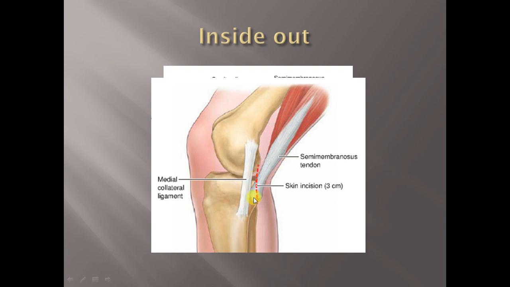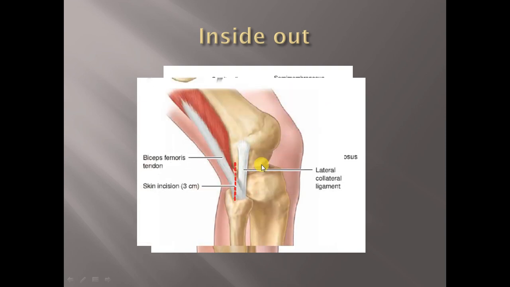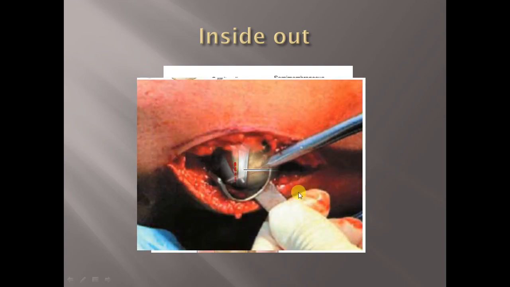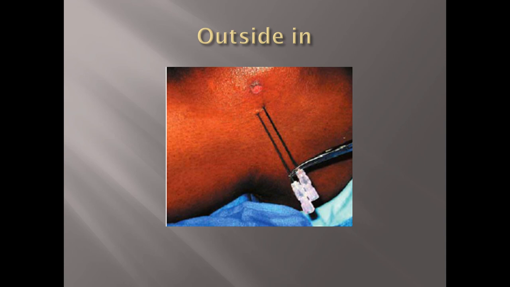From the medial side, under direct vision, you push the hamstrings back and protect them with a tissue protector, and see and deliver the needle. The same on the lateral side. You have to be in front of the biceps to avoid the common peroneal nerve, and there to avoid the saphenous nerve. This is an example: this is the tissue protector, and this is during delivery of the needle after direct visualization.